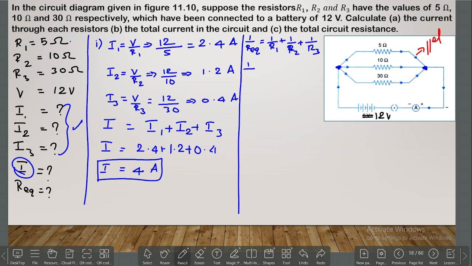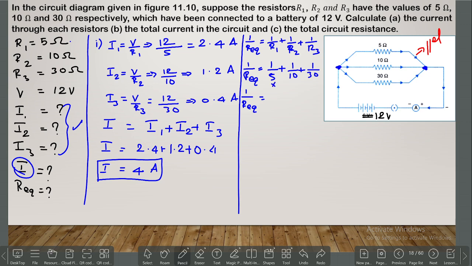So now 1 by R equivalent is equal to, what is the value of R1? 1 by 5 plus 1 by 10 plus 1 by 30. In the previous sum we solved by using the LCM method. Now we will solve by making the denominator common.